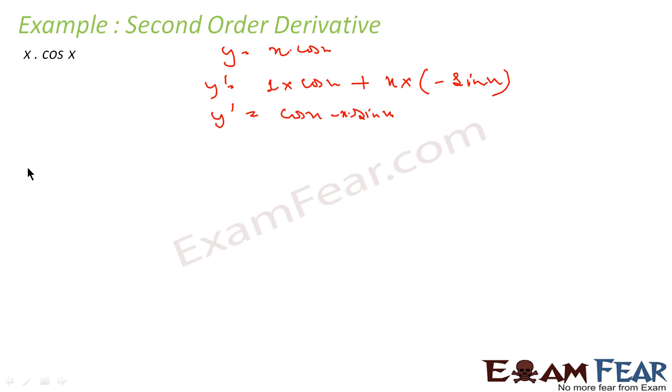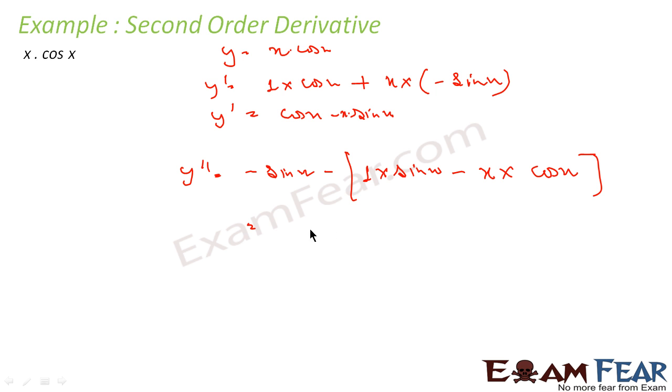I have to find the second order derivative. So I have to just differentiate this once again. So y double dash will be nothing but differentiate cos x, this becomes minus sin x, minus x sin x is u into v form. So you first differentiate x with respect to x, becomes 1. This v, just keep it like this, minus x, keep it like this only, into the derivative of sin x, that is cos x.